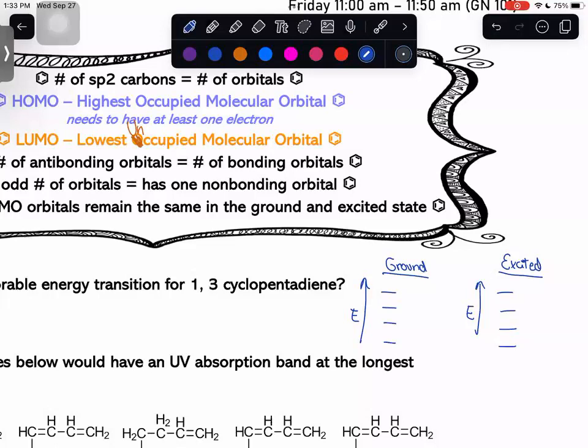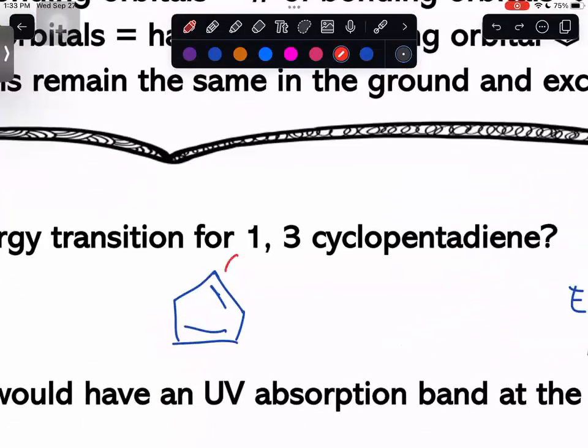Go for it. Four pi electrons. What is it?